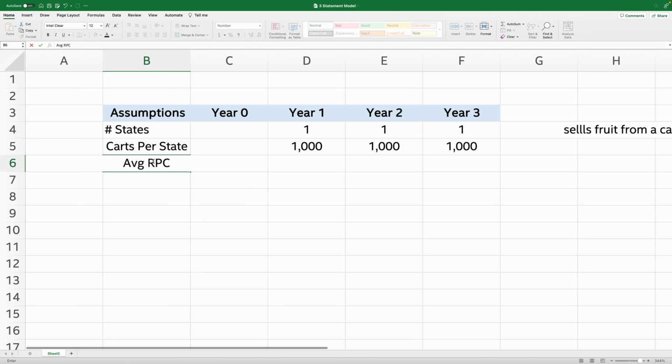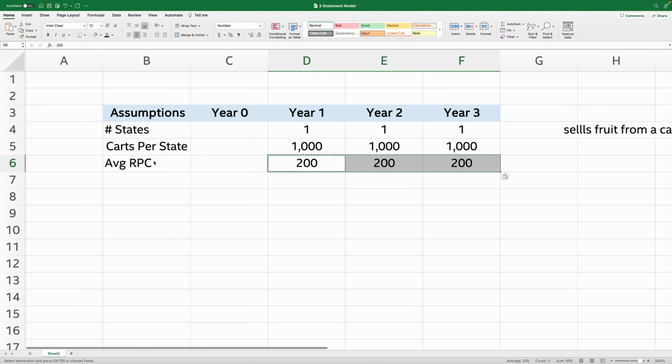RPC would be average revenue, or average selling price per cart, revenue per cart, same difference. And we'll say that is, I don't know, $200. Let's increase it. Let's say it grows by 2% each year.